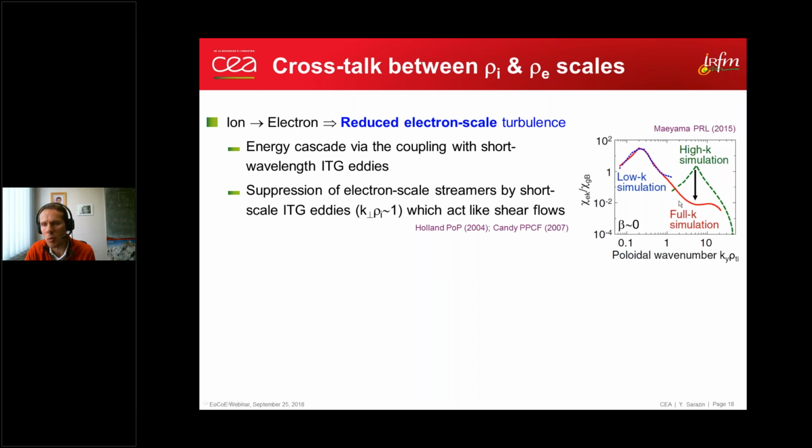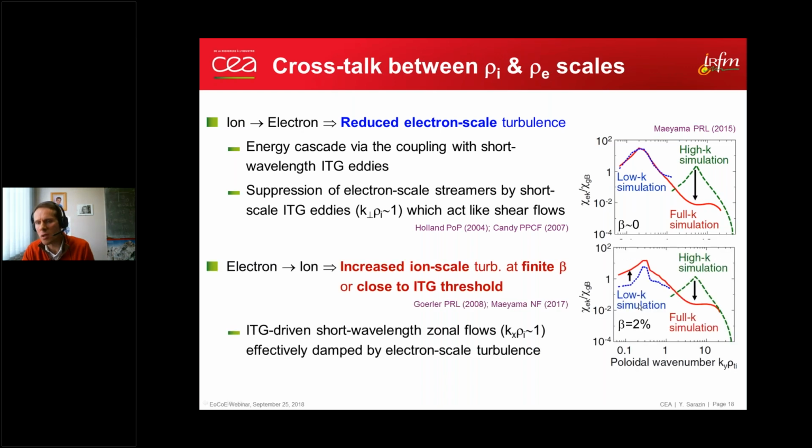However, if you account for the ion scale turbulence, the turbulent transport at the electron scale, so large k_y rho_i, then the magnitude of the diffusivity is much reduced, and this is due to the fact that those large-scale structures of the electron scale turbulence disappear because of the interplay with the ion scale turbulence. We can also notice, but this is a bit less dramatic, an interplay between the electron scale and the ion scale when you go to larger beta. I will not comment on this issue.